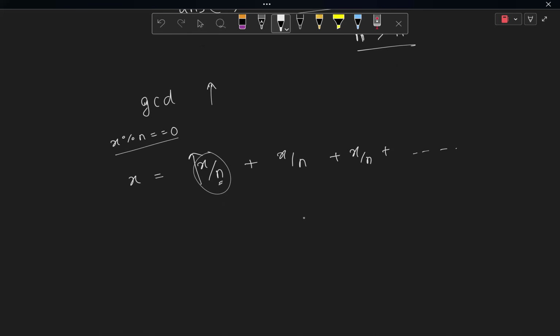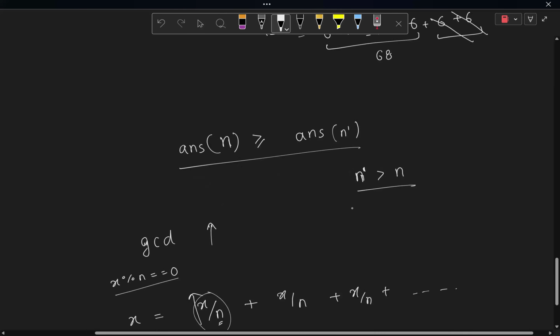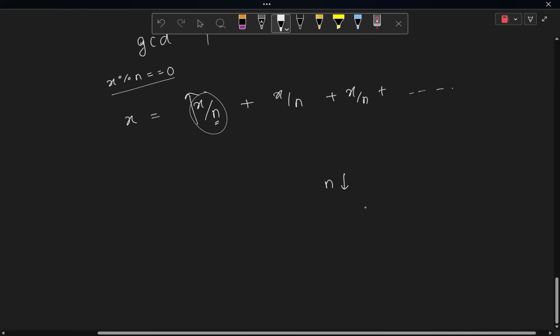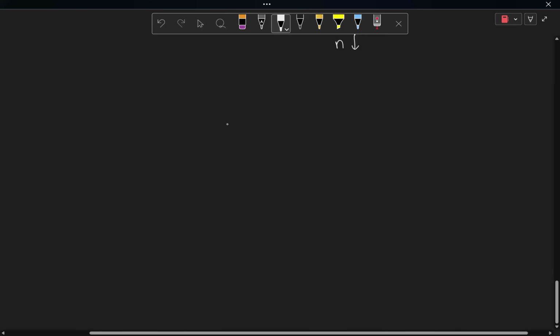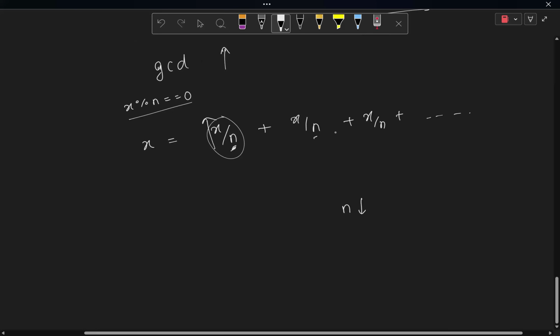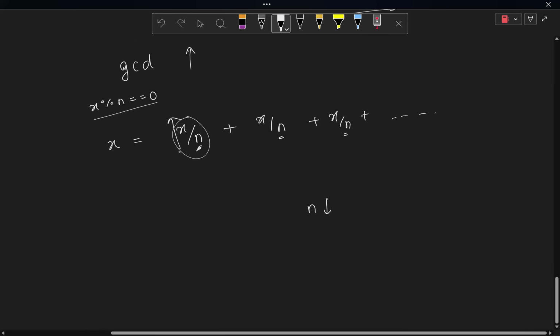Right? So can I say that I would like to have n to be minimized? And in this expression, that n is nothing but this n dash. Can I say that the smaller this n is, the greater my answer would be?